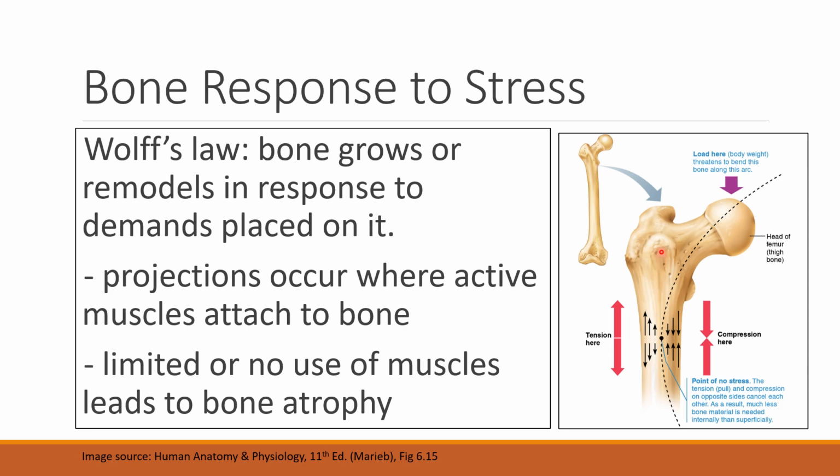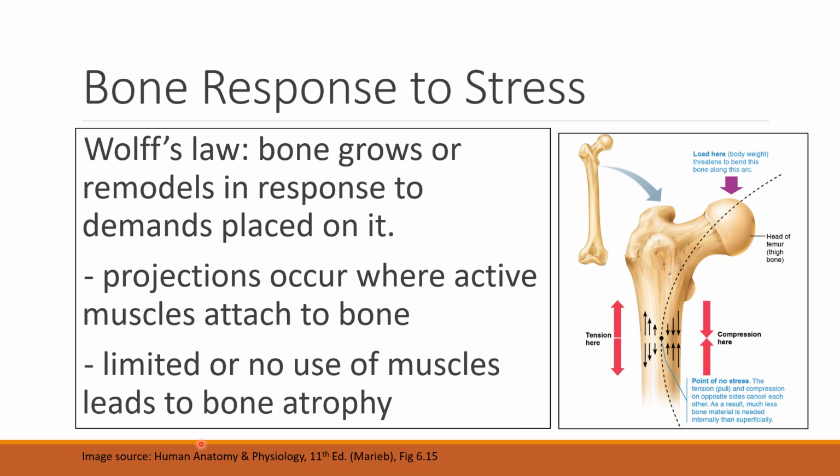As you exercise and move your legs and do work, this little area will grow and respond to the stress placed upon it by those muscles. That's how you end up with these features of the bones, like these little nubbies that stick out and these ridges. That's just because of where structures attach to that bone.